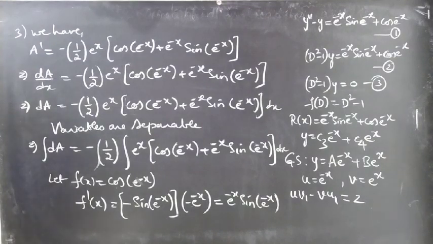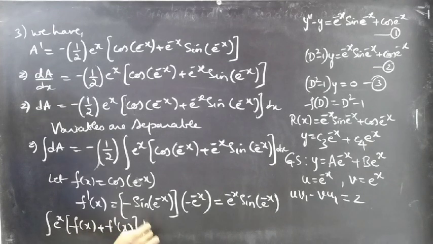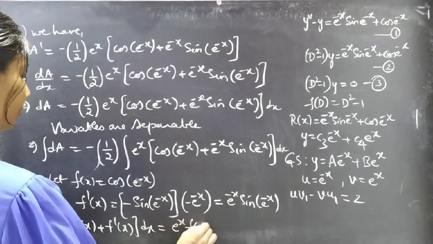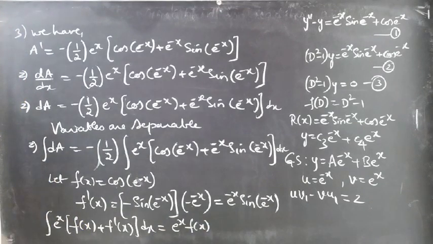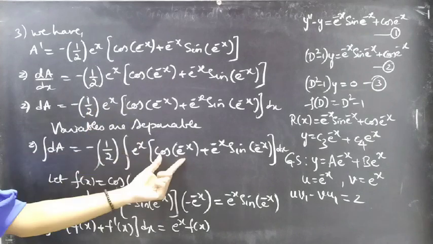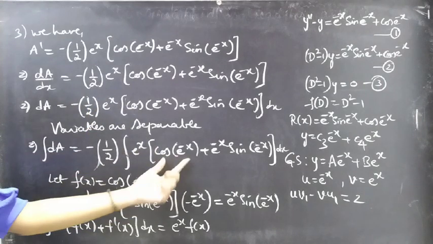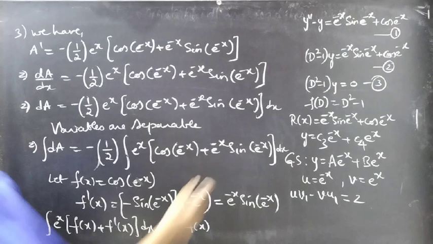or you can use chain rule. Okay, fine. So here we are going to apply the formula: integral e power x of f of x plus f dash of x equals e power x f of x. So you're having e power x of f of x plus f dash of x, right?